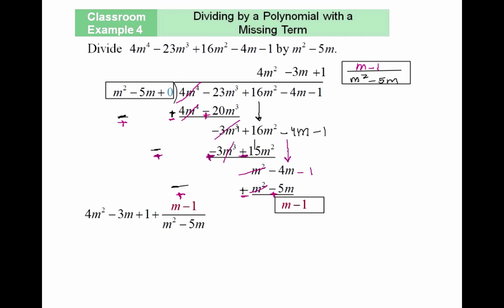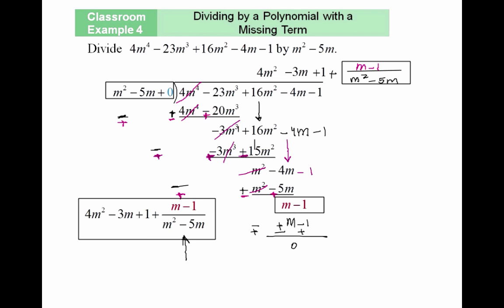So if we continue with this, this would be m minus 1. Change sign. Now we get a remainder of 0. So when you see a fraction at the end, all it means is you have a remainder, and the remainder is what you have at the top of the fraction, which is m minus 1.